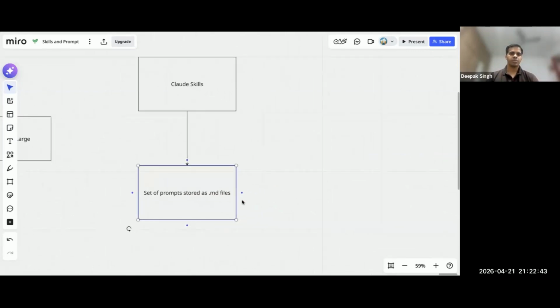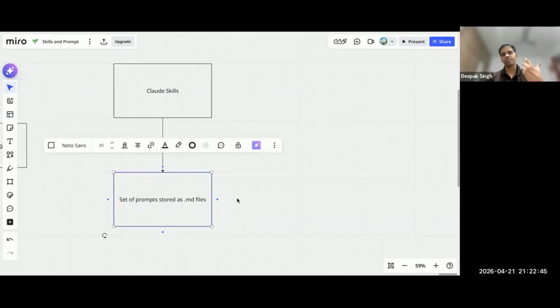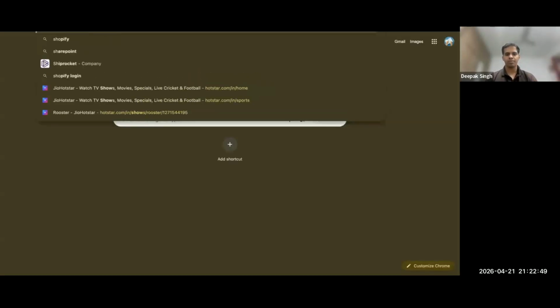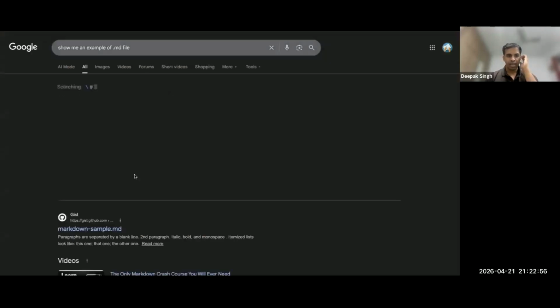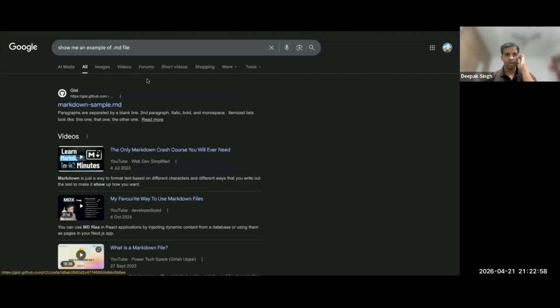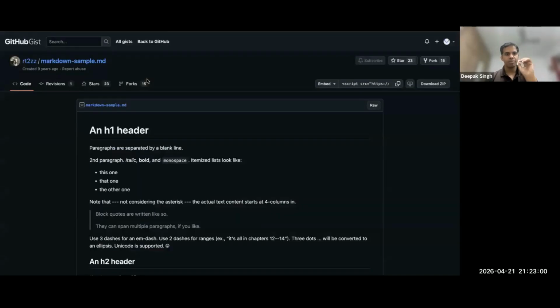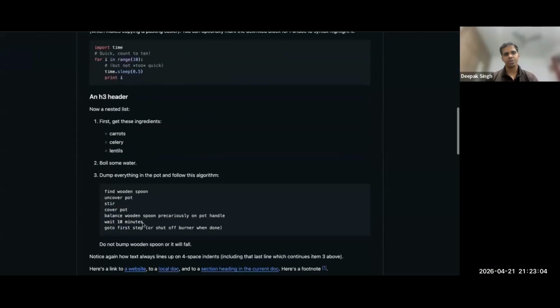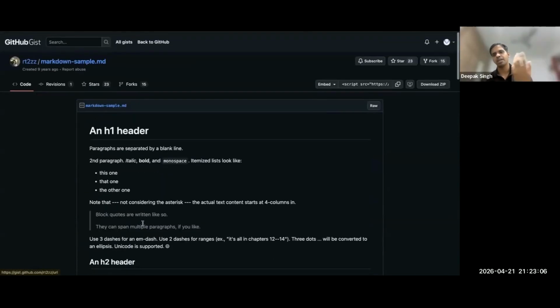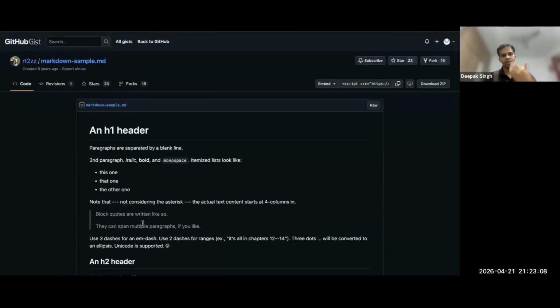Now the question becomes, what is a .md file? A .md file is nothing but a markdown file. So show me an example of a .md file. You'll be able to find numerous examples of markdown files. So this is a markdown file, right? You take a markdown file, you put it in an HTML parser, and it will show you the header and everything.